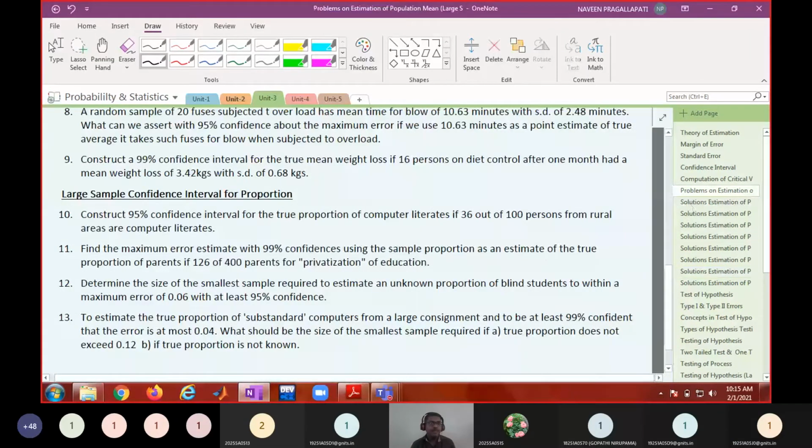To estimate the true proportion of substandard computers from a large consignment and to be at least 99% confident that the error is at most 0.04, what should be the size of the smallest sample required if the true proportion does not exceed 0.12, and if the true proportion is not known.